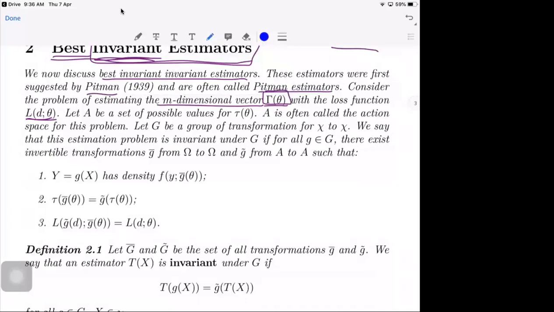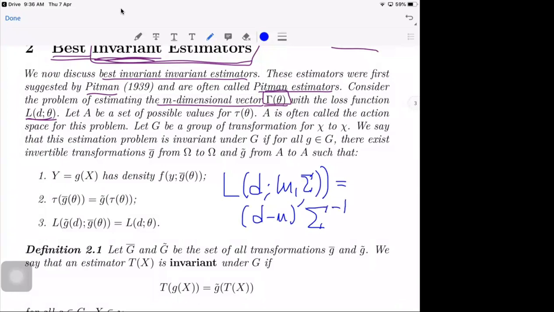So the loss function is associated with your estimator D with some parameters, say mu and sigma. And this is equal to the difference between D and your true value mu, standardized by the variance.